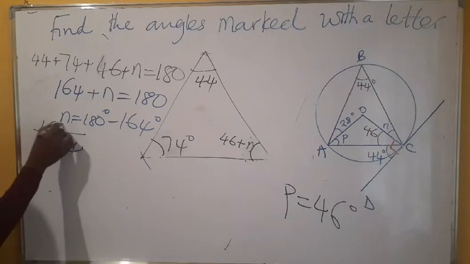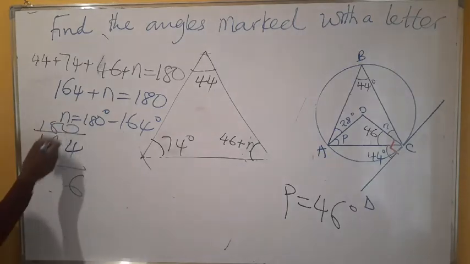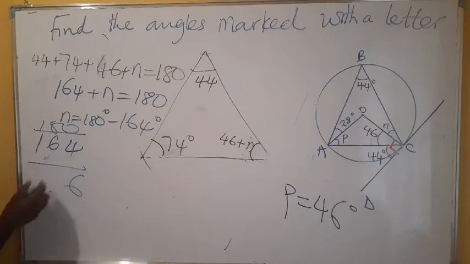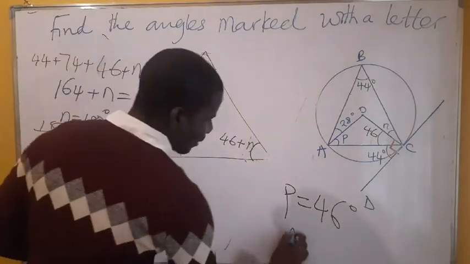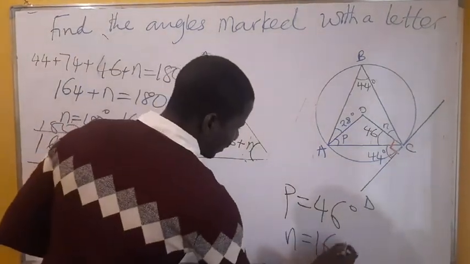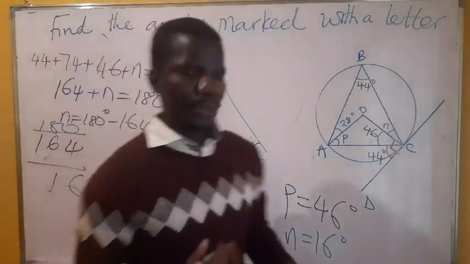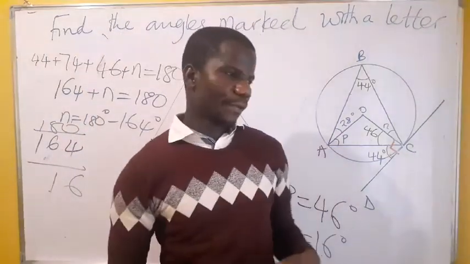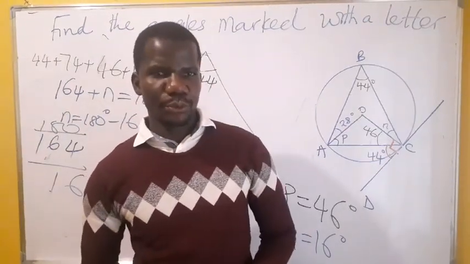So 180 minus 164, what do we get? 16. So our N is 16 degrees. So this is how we use these theorems to find the degrees that the questions require us to do.